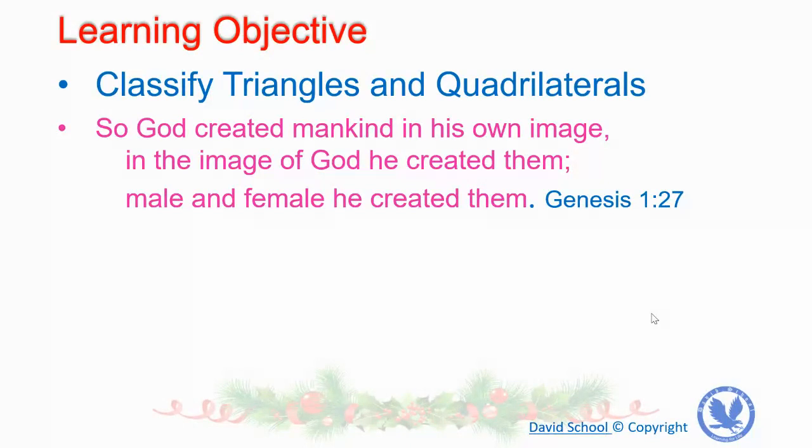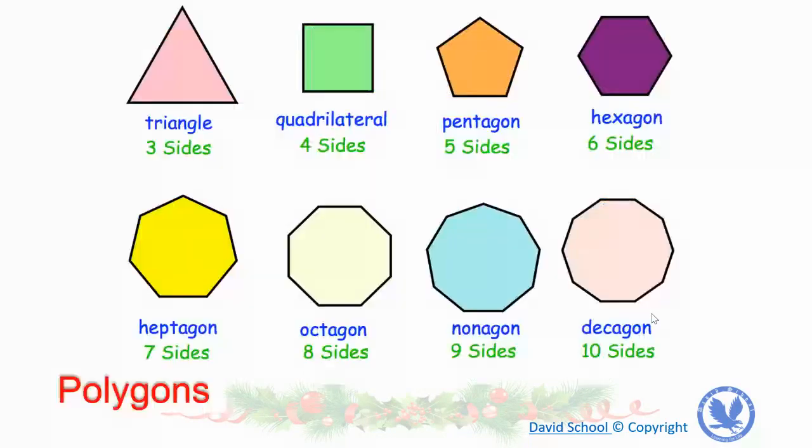Let us review the topics from the previous lesson first. Before we start today's lesson, you have learned about polygons. Polygons are closed figures with line segments as sides. We have different types of polygons.